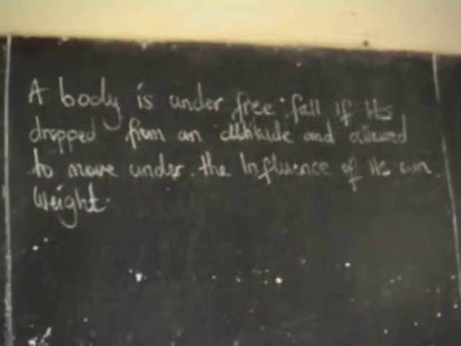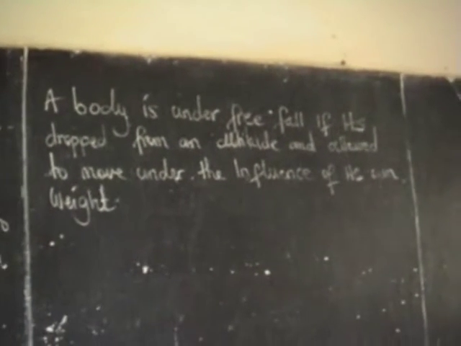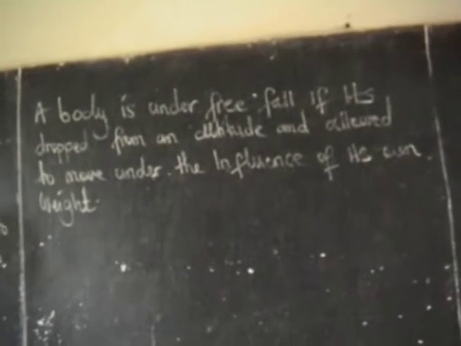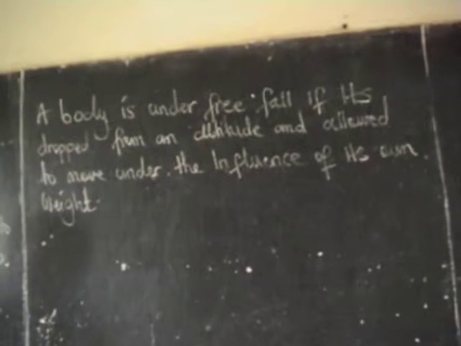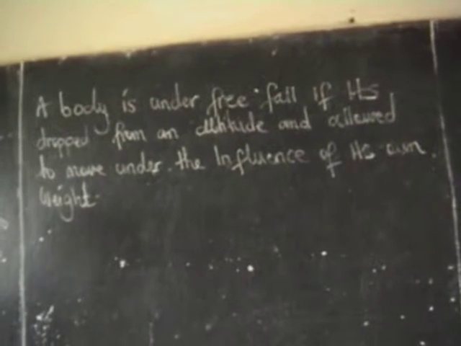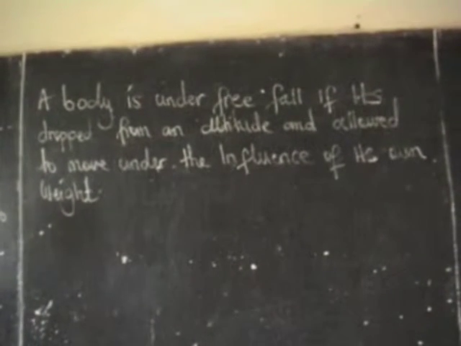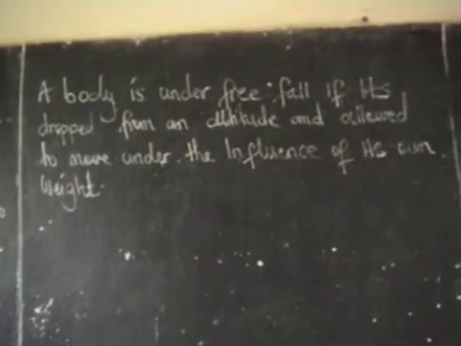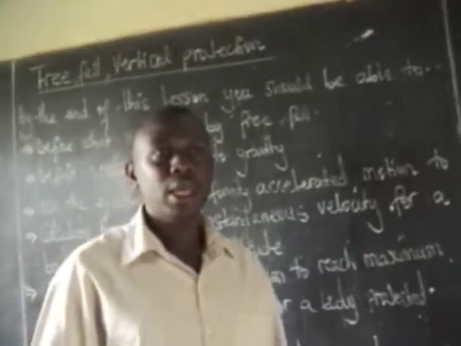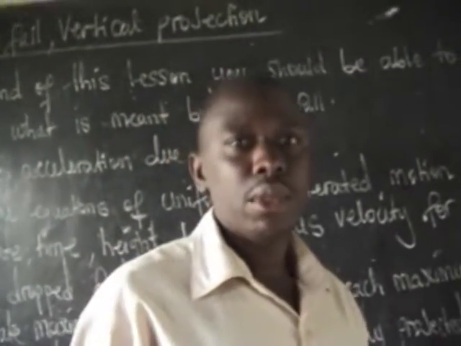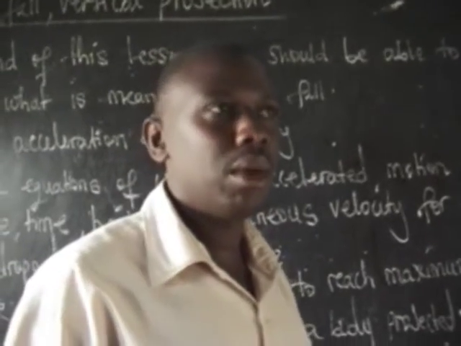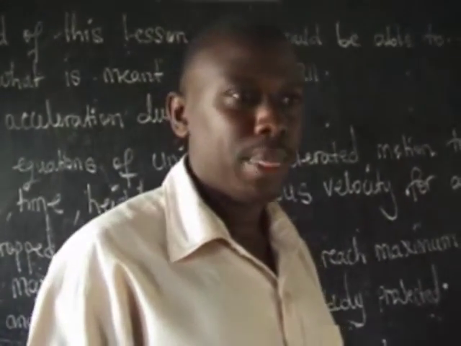The funny thing is that when bodies are dropped, they will all be attracted towards the Earth's surface. They will all move with the same acceleration. And this means that if bodies of different masses are dropped from a given altitude, they will all fall at the same rate and they will reach the ground at the same time.